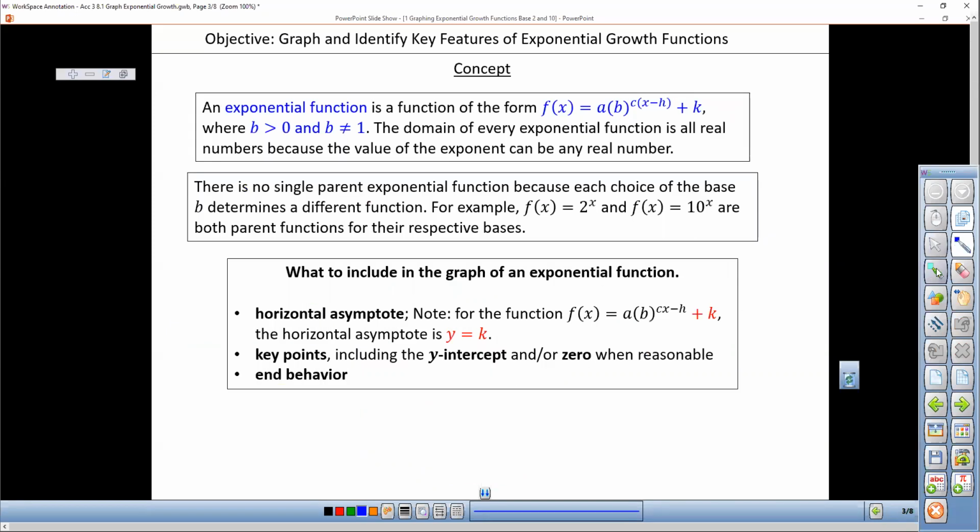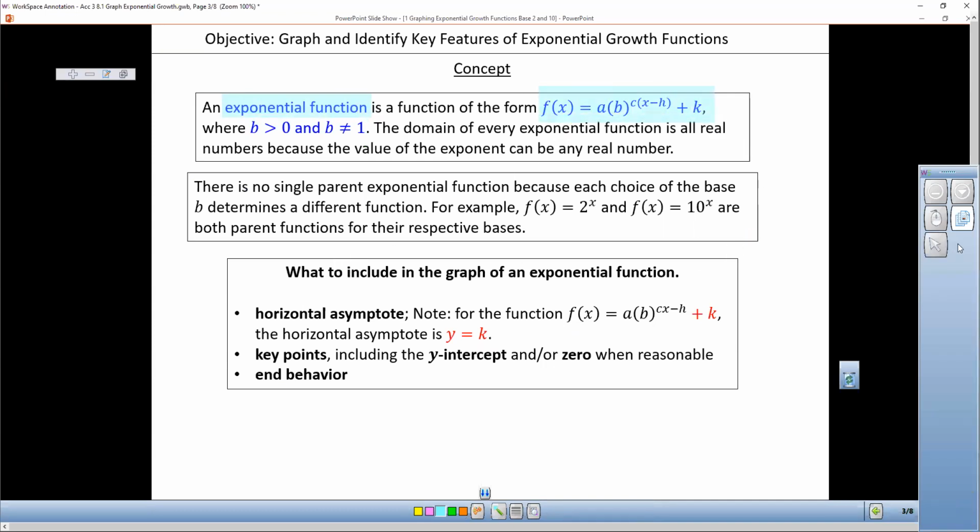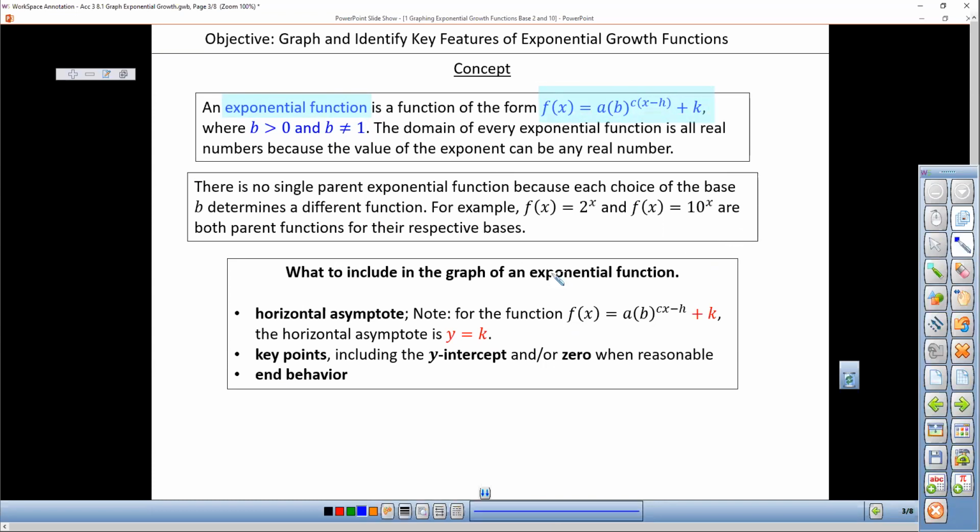All right. This is really, in general, just an exponential function. Could be growth, could be decay. Here is its overall structure that involves our parameters that allow us to identify transformations, which is one way to graph an exponential function and the way that we'll be talking about today.